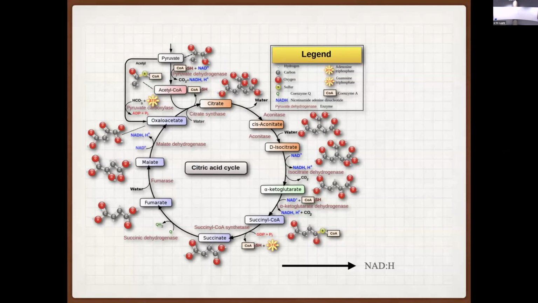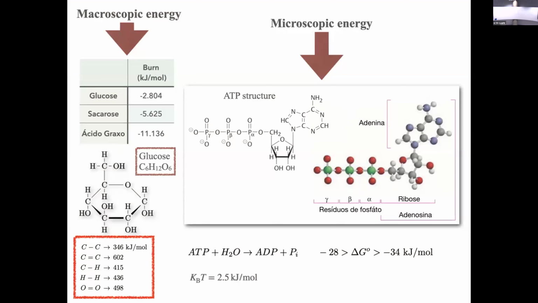I'm not going to enter into this, of course, but in order to come from here to here, it's a long process. The energy I'm telling you here is the energy if you burn at once. But our body has to break it in a very slow process, which is the next slide.